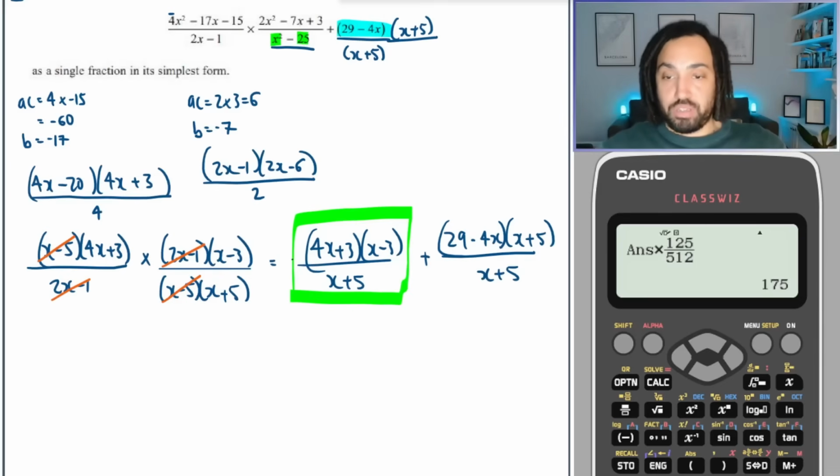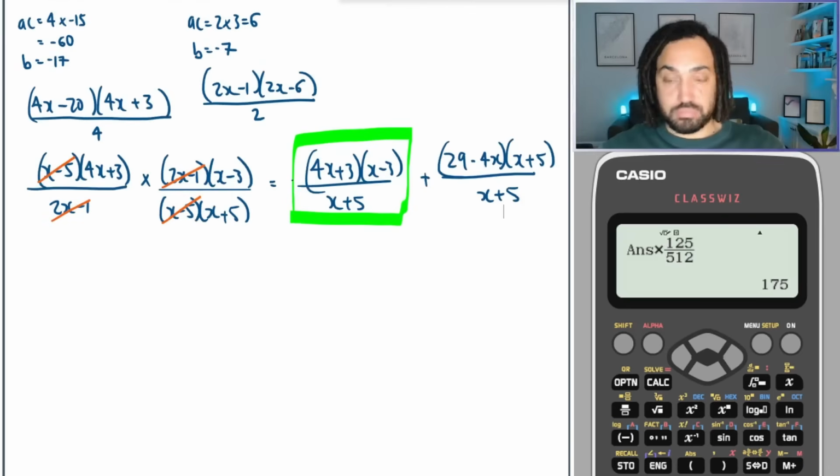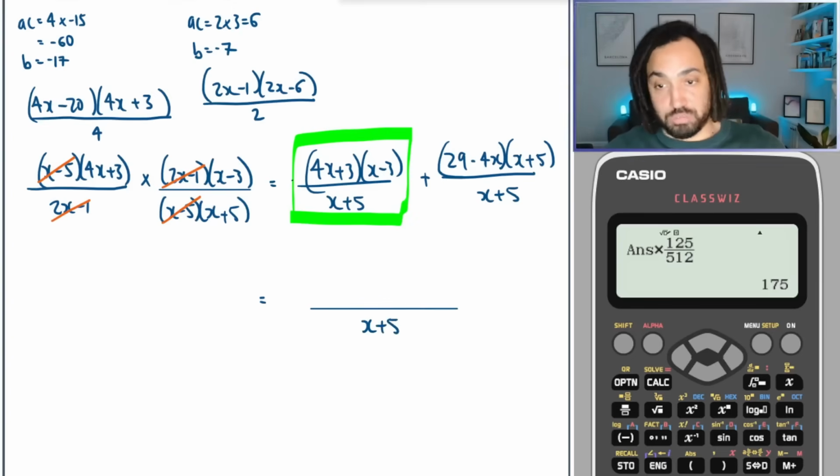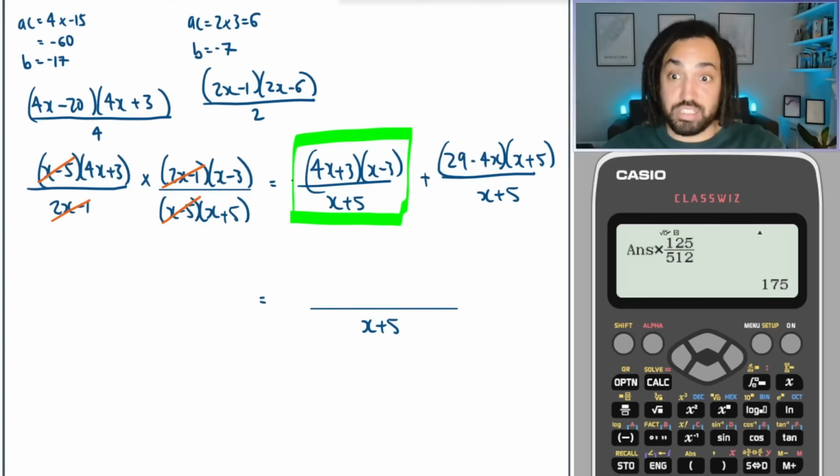Okay, so let's add them together then. So what do we get? Well, gosh, it's a tricky question. We have x plus 5 on the bottom. The denominator stays the same because we're adding fractions, and if the denominator is the same, that's great.